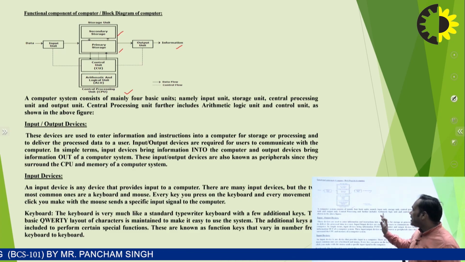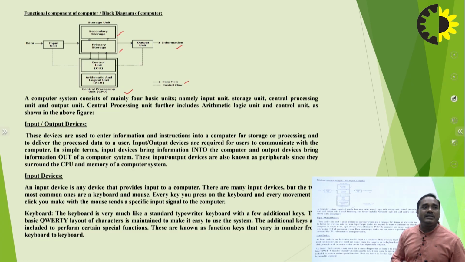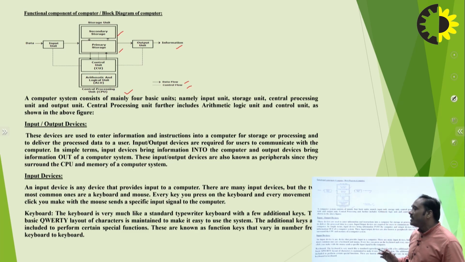Here there are two lines representing it. The first line is a bold line that shows the data flow, and the second line is a dotted line that shows the control flow. Why are there different lines in the block diagram? Because the two different lines show how these operations happen in the computer.